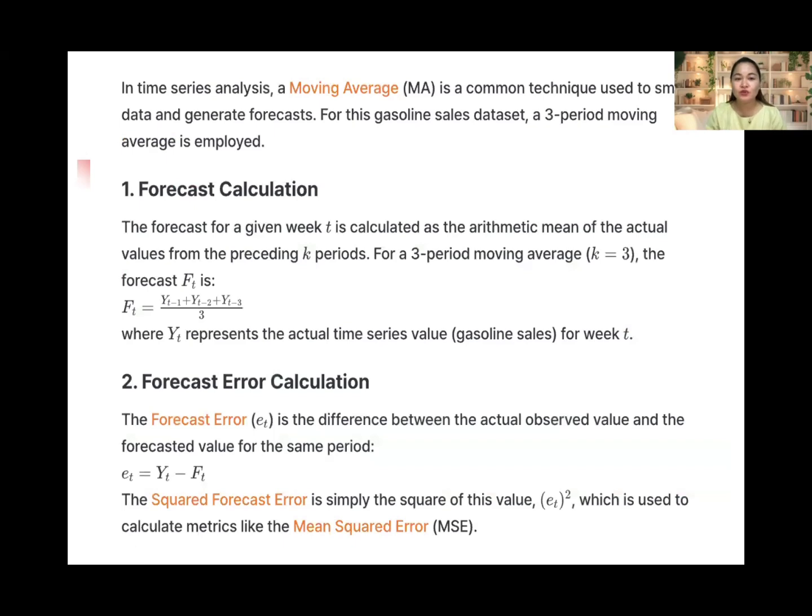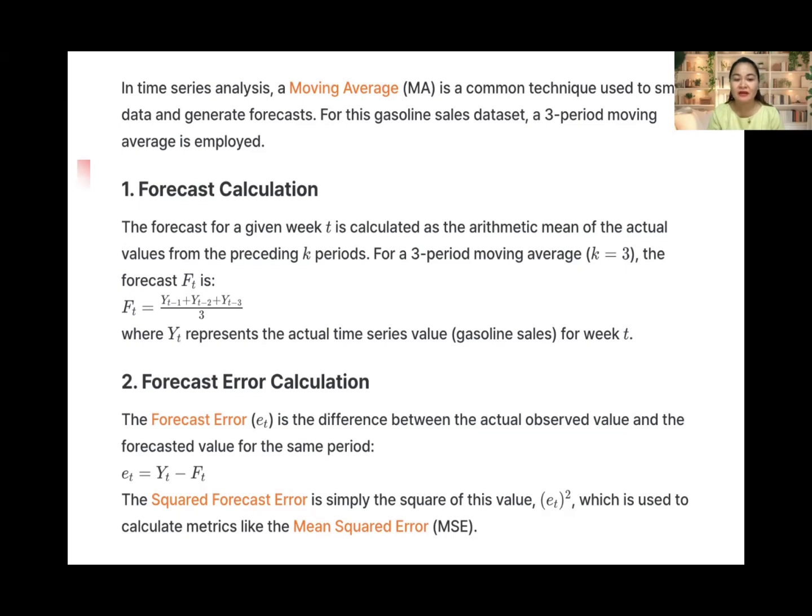So what is the solution? In time series analysis, the moving average is a common technique to analyze data and generate a forecast. This is an example of solving using 3 periods. So K is 3.